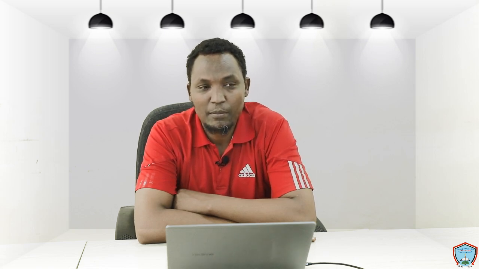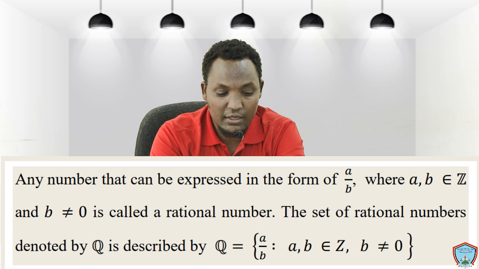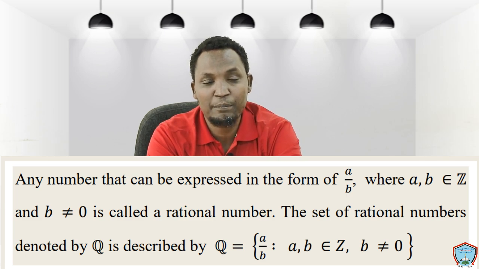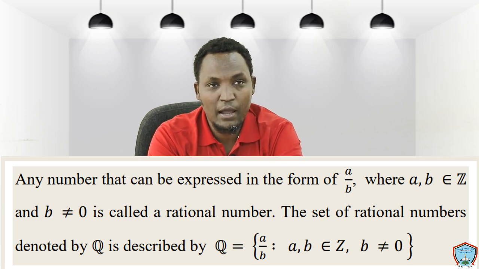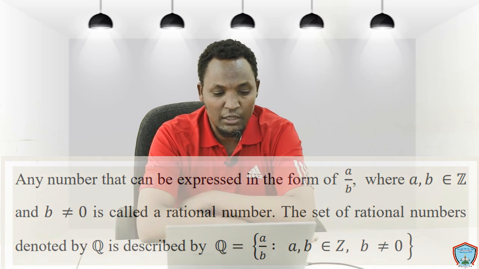Similarly, many real-life situations involve sharing, measuring, and comparing quantities that are not whole numbers. To represent such values, mathematicians developed the set of rational numbers. A rational number is any number that can be written in the form a/b, where a and b are integers and b is different from 0.